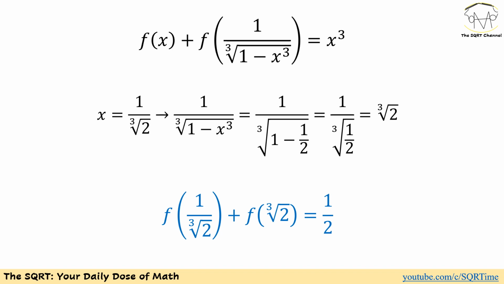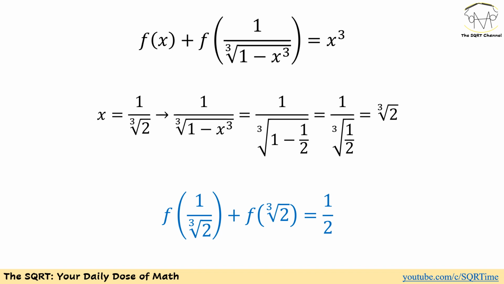If you put x equals 1 over the third root of 2 inside 1 over the third root of 1 minus x cubed, you're going to see that at the end we will have the third root of 2. At the end, we are going to have f of 1 over the third root of 2 plus f of the third root of 2 is equal to 1 over 2.